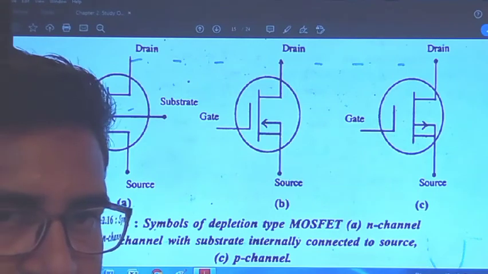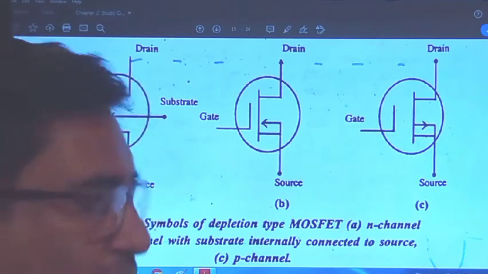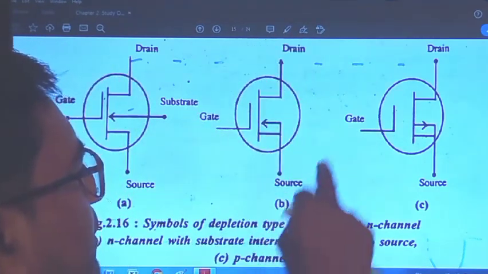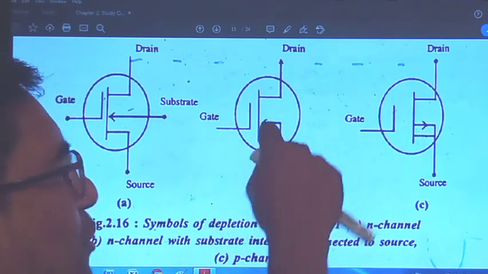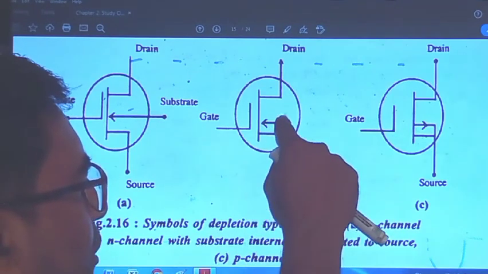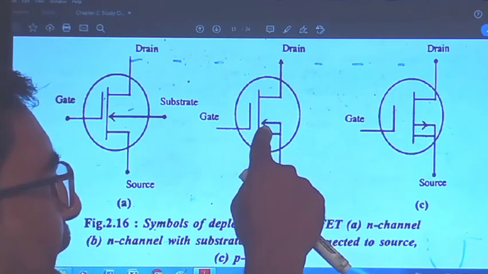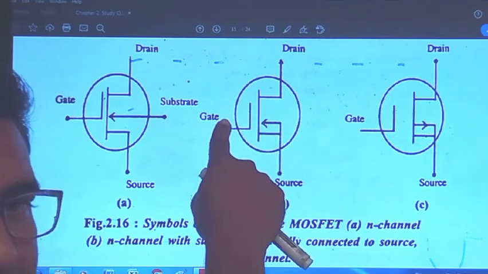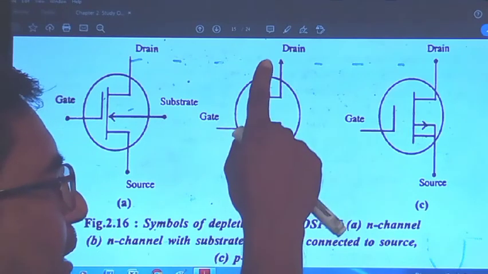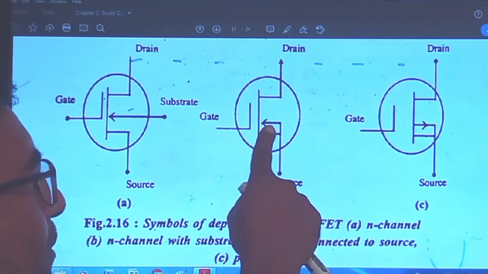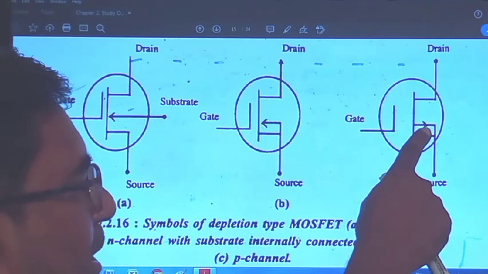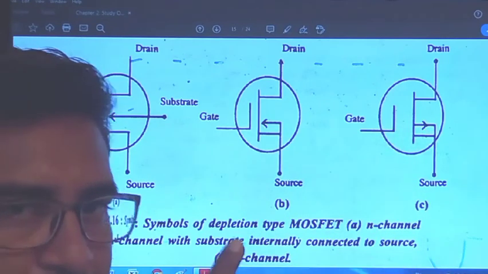Always the substrate is connected internally to the source, which is shown like this. Okay, students, the substrate and the source are always connected, and that's why the diagram is this one. The arrow is inside, which means it is an N channel. If the arrow is outside, then it is considered a P channel.